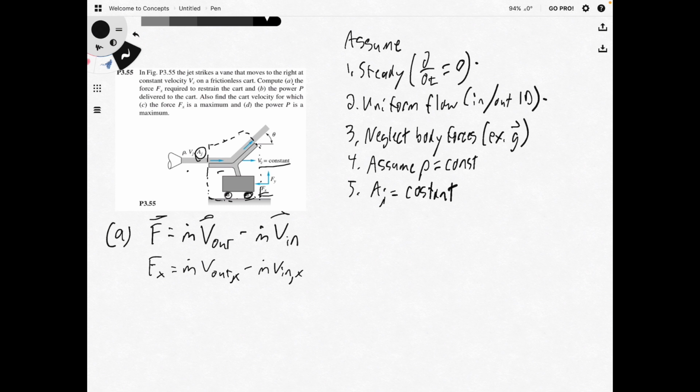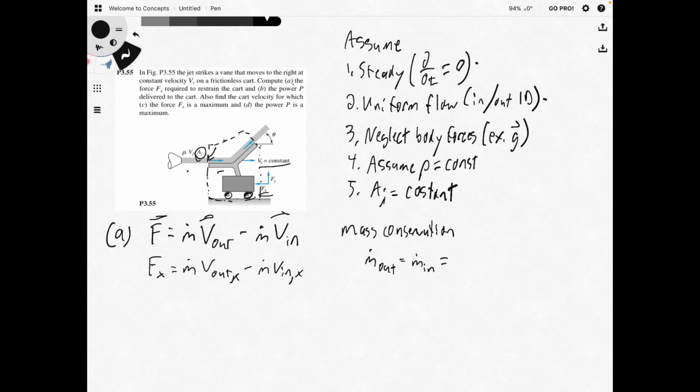But first, we need to figure out what this m dot is and what that tells us about the velocity at the outlet. And so we're going to start with mass conservation. By mass conservation, we're going to have m dot out equals m dot in, and let's look at this first control surface, because this is going to be the easier place to start.